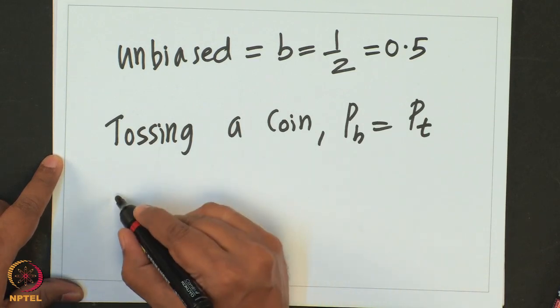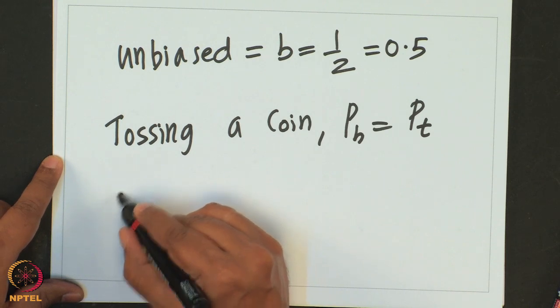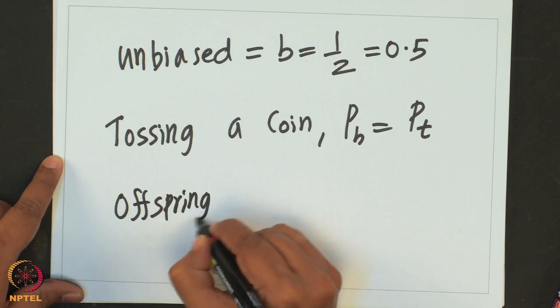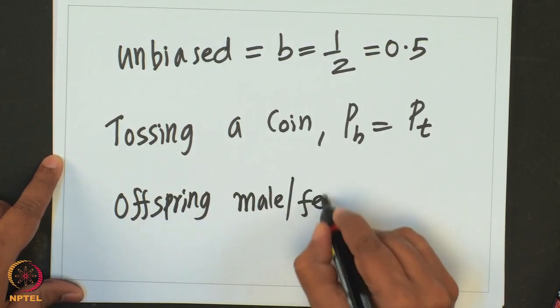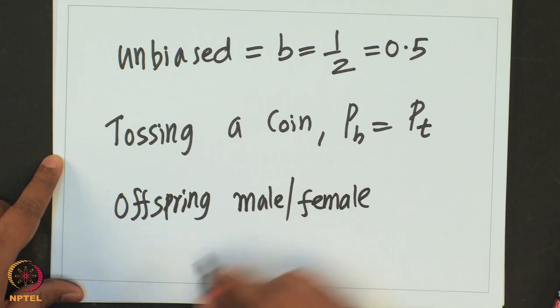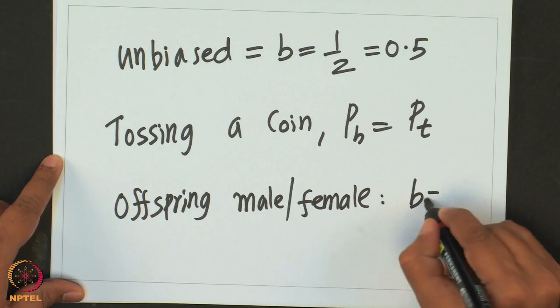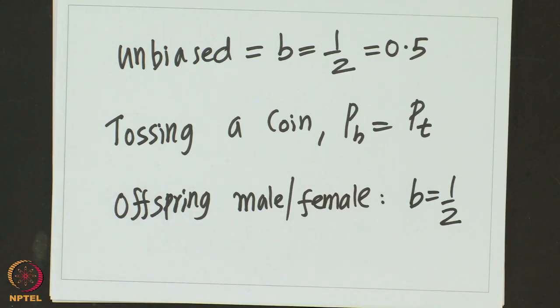Same with offspring: the likelihood of the offspring being male or female. This is unbiased. So the probability of either of these is half. So in such a situation, the probability would be half.